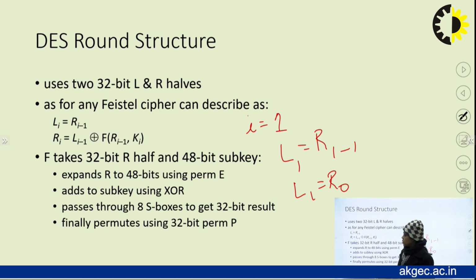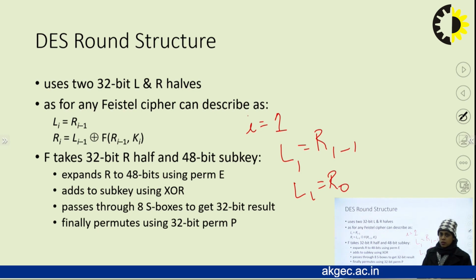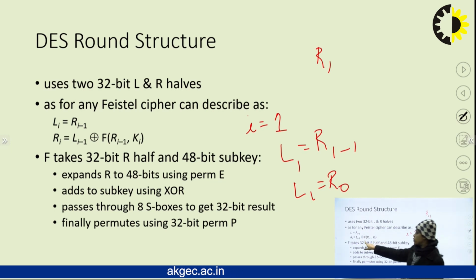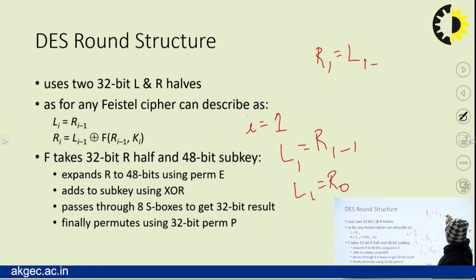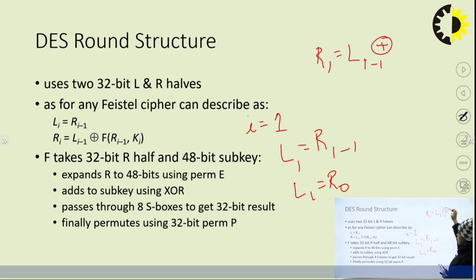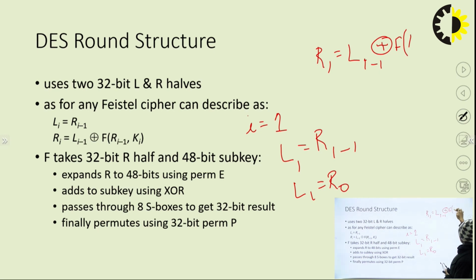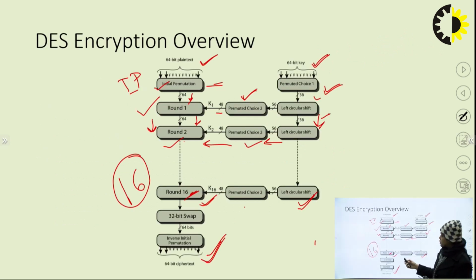Here you can see we are talking about Ri. If I am talking about R1, then what are we going to do? L0 is XORed with the function of R0 and key K1. Going back to that slide, it is a process where the key and these right bits are processed together.